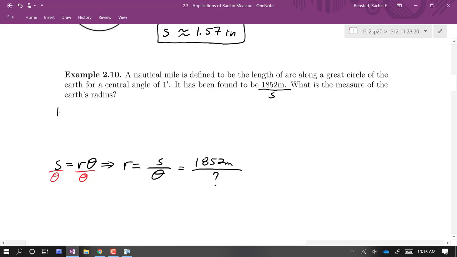So let's do this up here. We know how to get to degrees: 60 minutes to 1 degree. And then how do I get from degrees to radians? What's the equivalence? Pi radians is equal to 180 degrees.